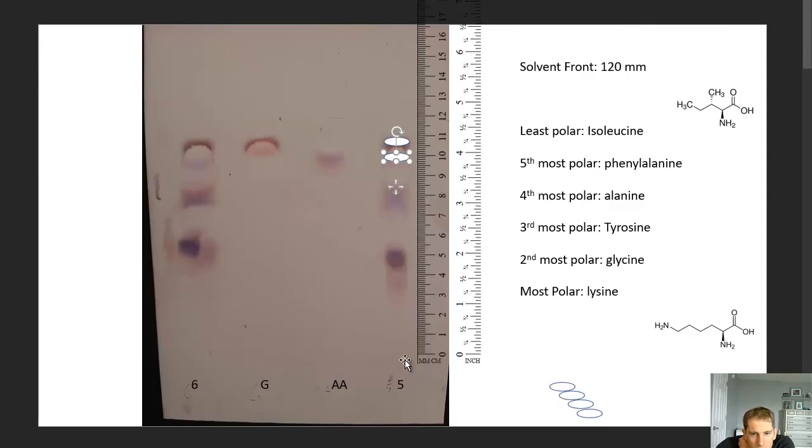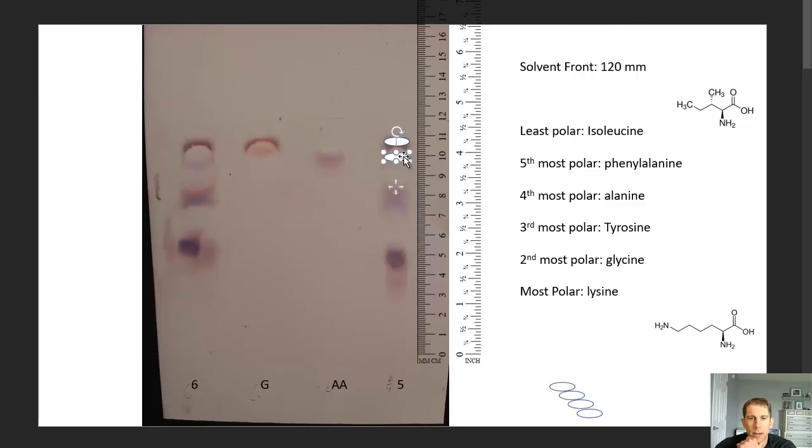If we measure from our baseline to where this compound traveled, it looks like that is about 10.75 centimeters. So we would take 10.75 divided by 12 to give us the RF value of our least polar compound, which is isoleucine, which looks like it matches up pretty well with this spot here, which unknown G then clearly you can come to a conclusion of what that's going to be.